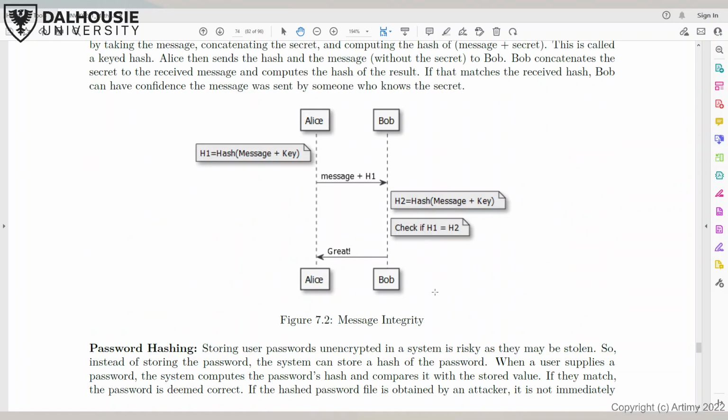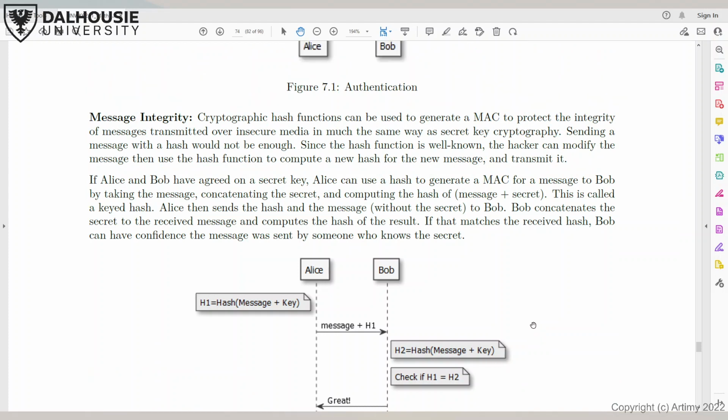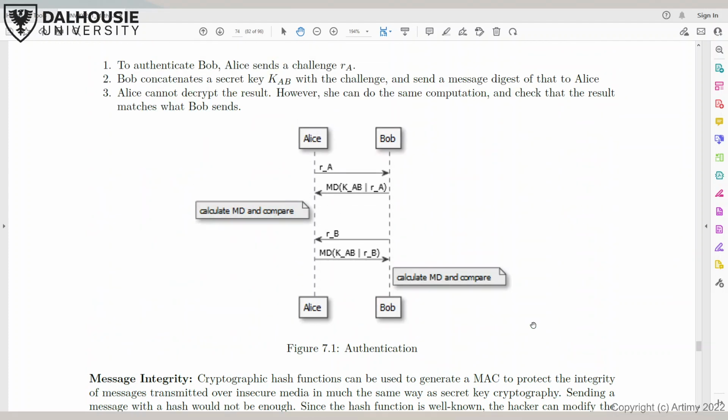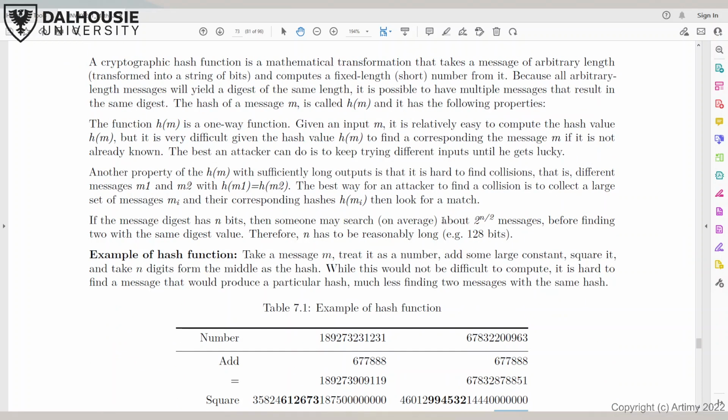All right. So just back up a little bit. If anybody wants to try and find two messages that share the same hash, they have to try about 2 to the power n divided by 2 messages, where n is the number of bits, right?